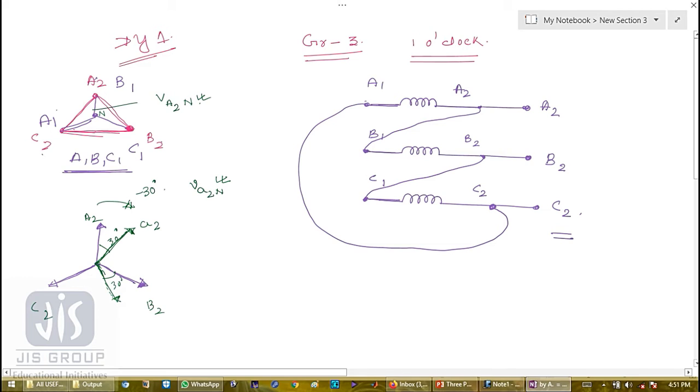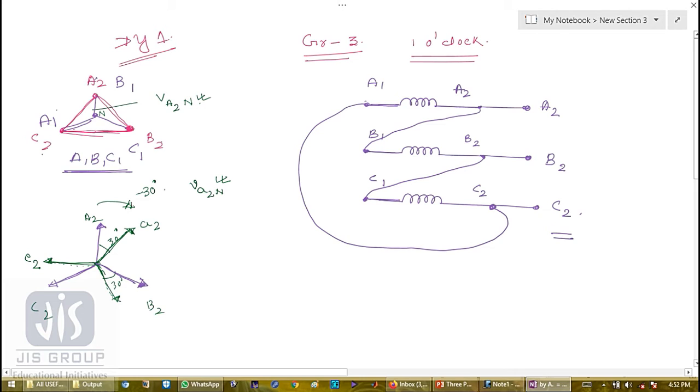Hope you people are getting interested. Similarly for this also, in the 30-degree position, somewhere here is my small C2. Now this is my Dy1 connection.